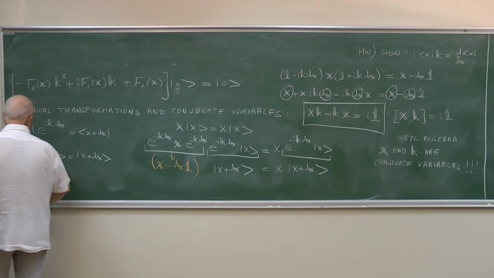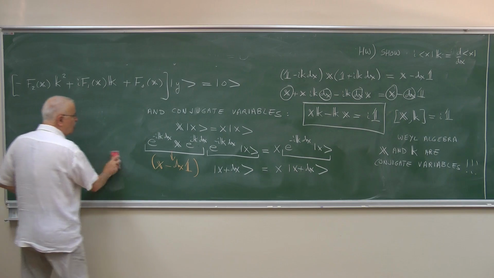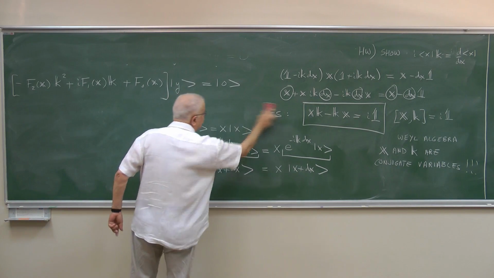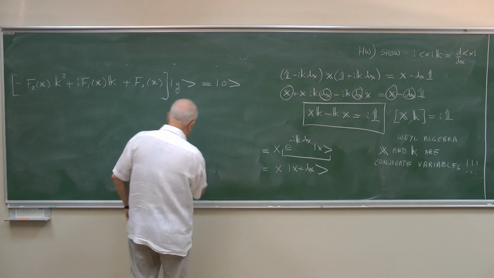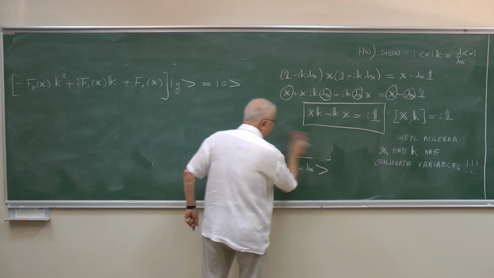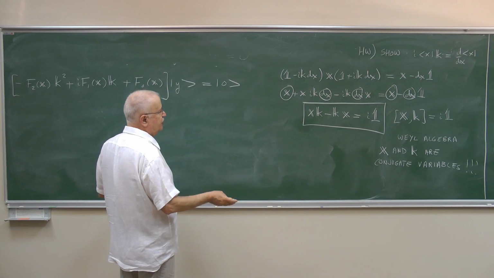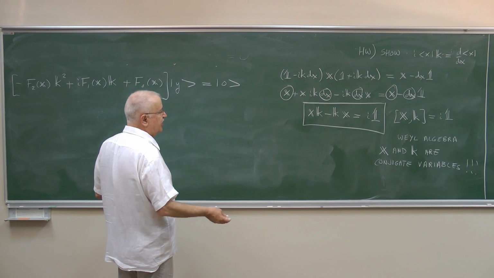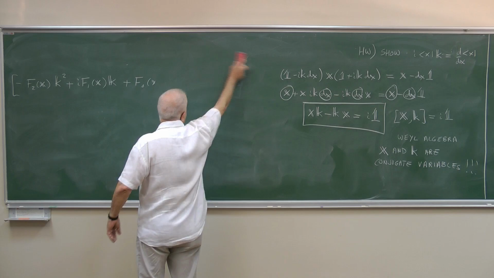Then we say, let's complicate things a little bit and have functions of x and k. You see, in this algebra, there is x operator and then there is k operator. There is nothing else. It's one dimension.